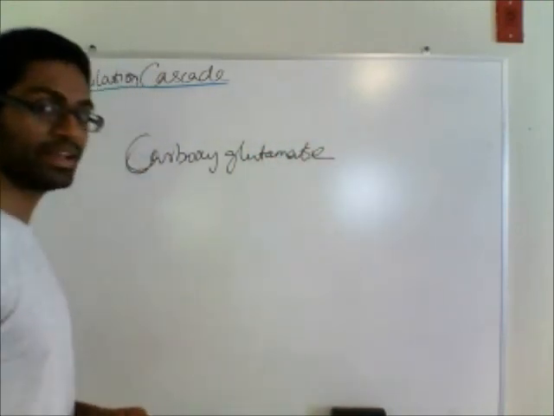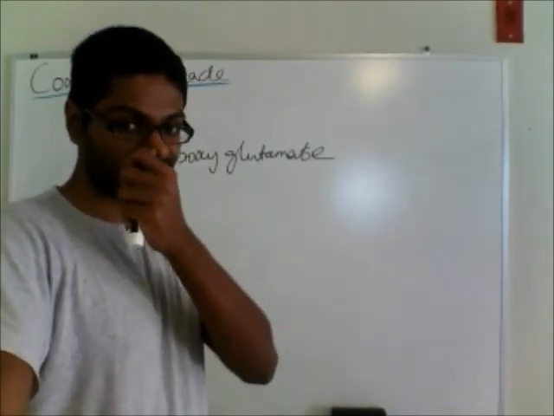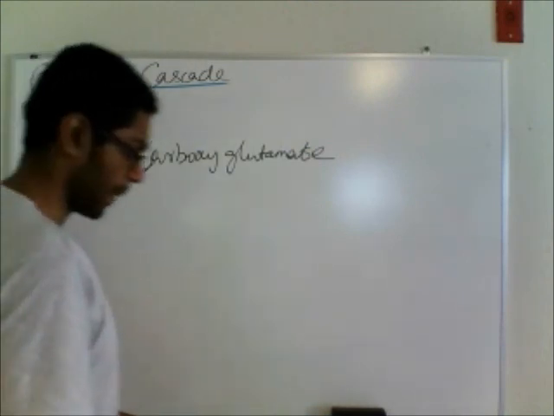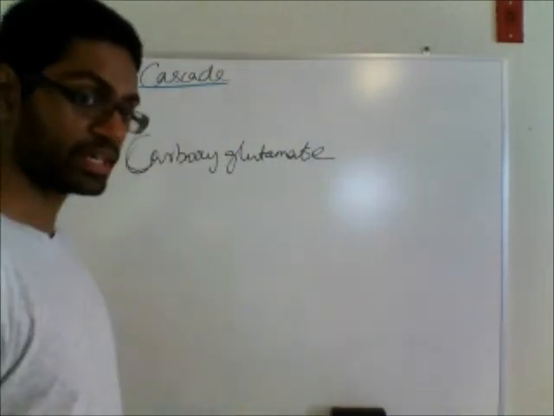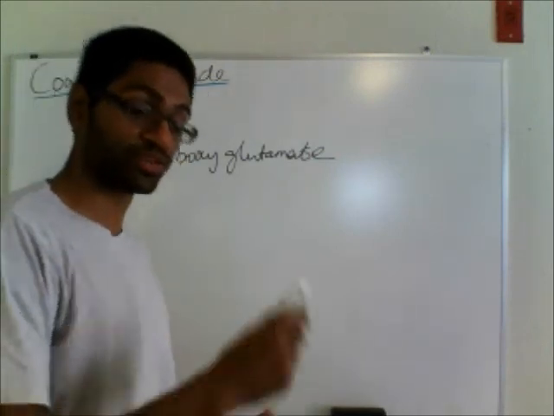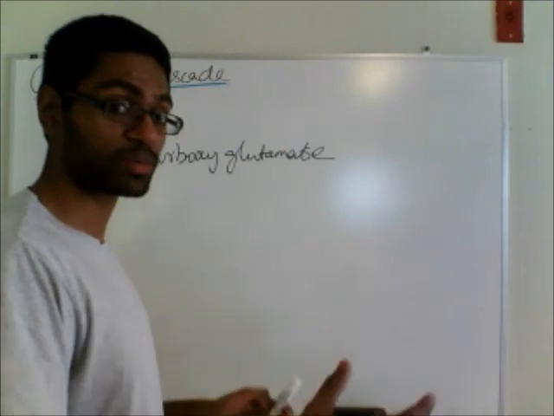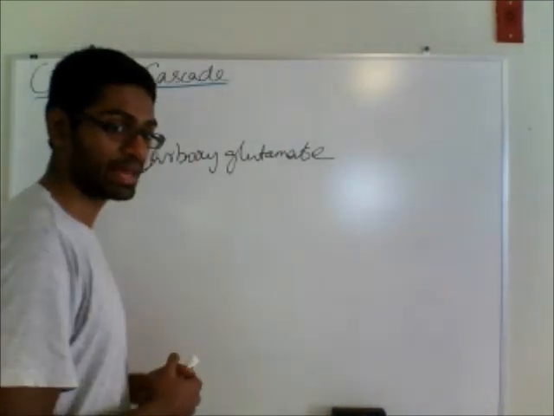Now, which step is this involved in? Remember, I said the platelets and the factors are just floating around. They don't know where to stick. Well, these platelets have these receptors. Remember I was talking about the importance of calcium? This is where it happens.